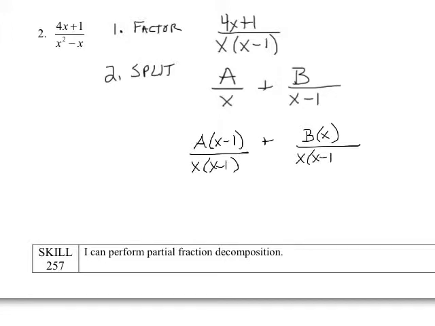What this means is we can then distribute the A through and the B through. This gives us Ax - A + Bx over our denominator, which is equal to our original function.